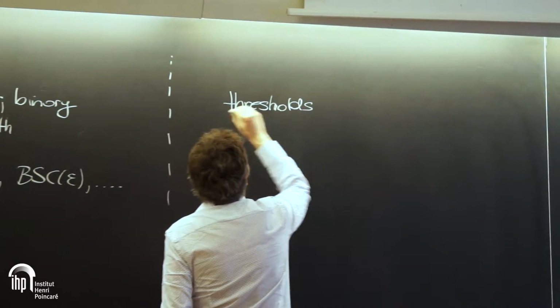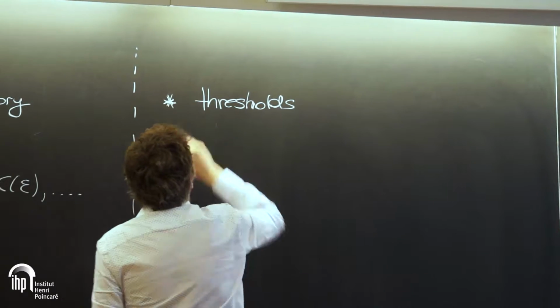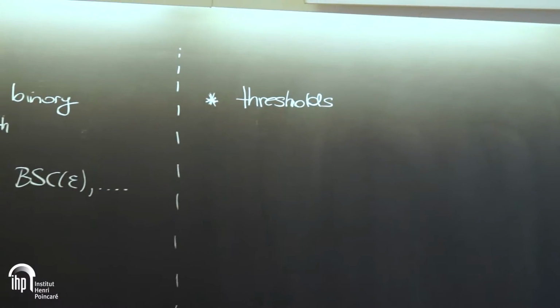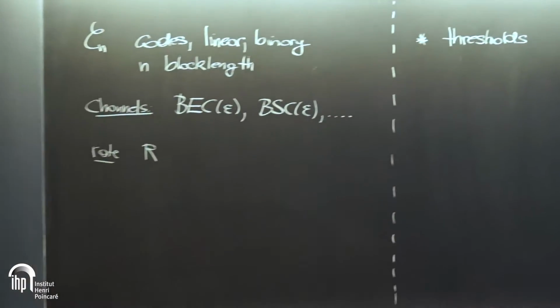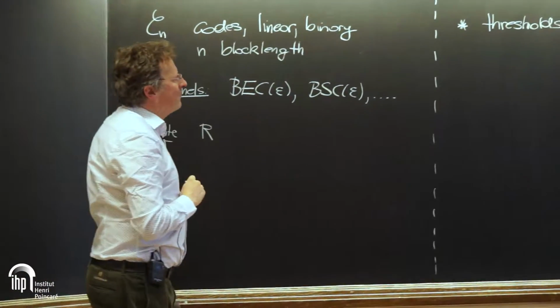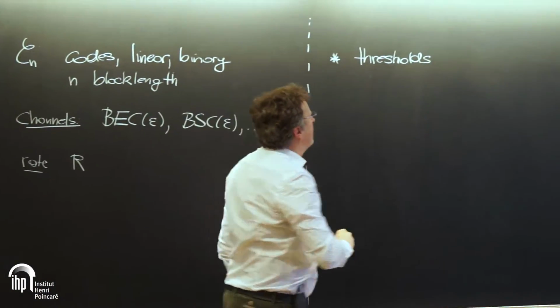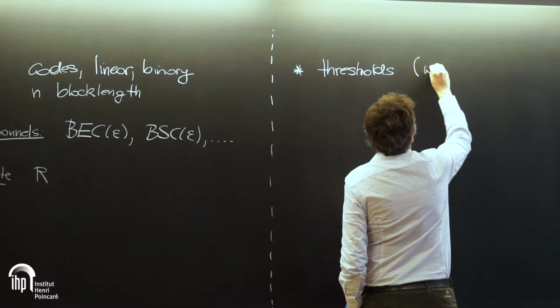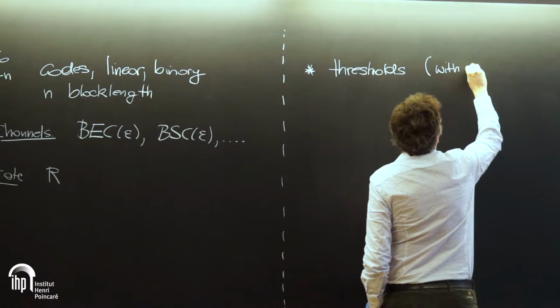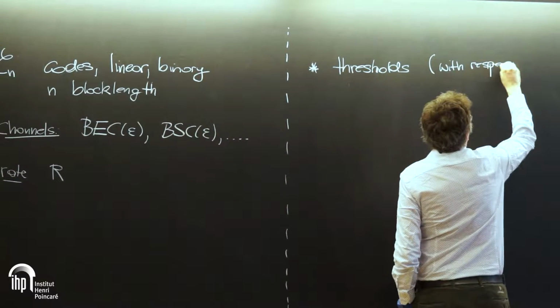So I'll talk about that if we want to show that a sequence of codes achieves capacity, then it better be true, and I'll say in a second what I mean, that we'll see somehow a threshold behavior. And when I talk about threshold, it is with respect to the channel parameter.